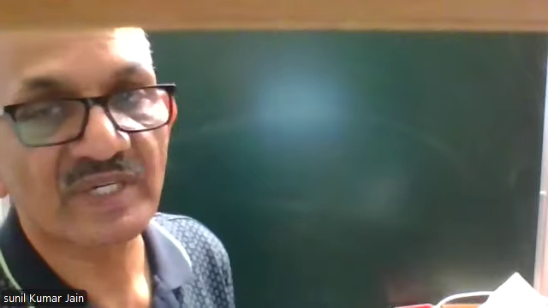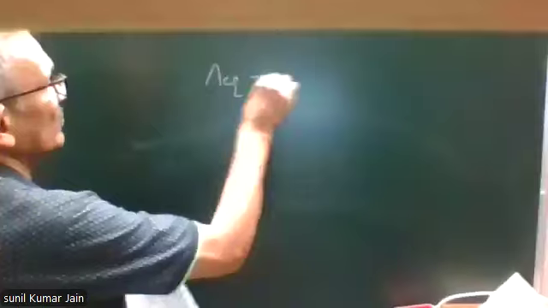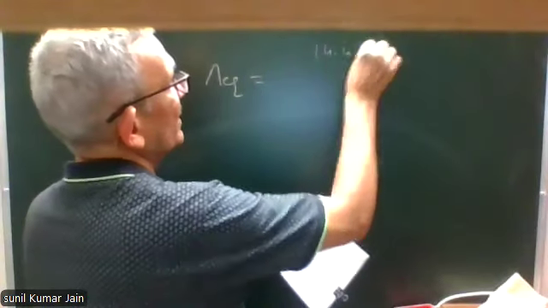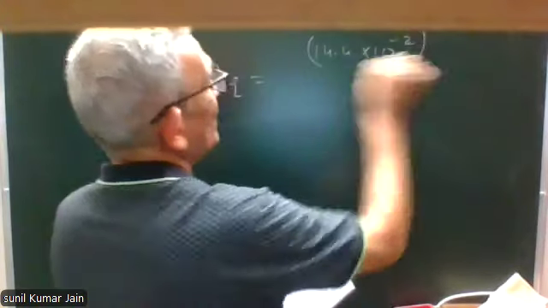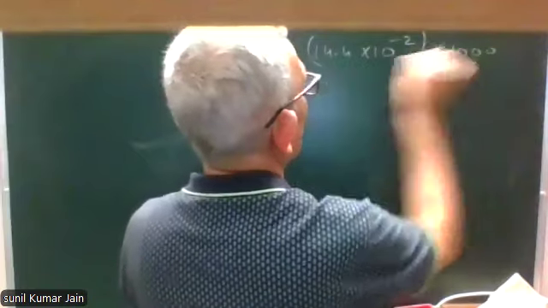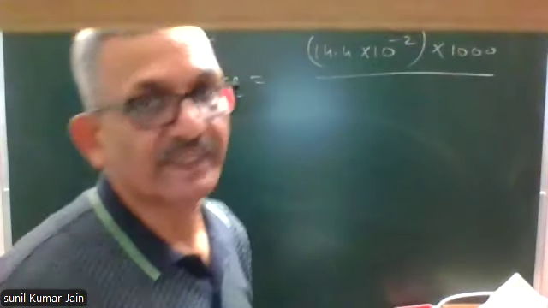Calculate equivalent conductivity of 1.2 molar solution of sodium carbonate if its specific conductivity is 14.4 into 10 to the power minus 2 ohm inverse centimeter inverse. So lambda equivalent will be equal to kappa. Kappa is 14.4 into 10 to the power minus 2 multiplied by 1000 divided by normality.